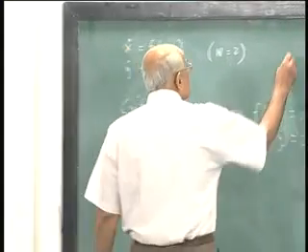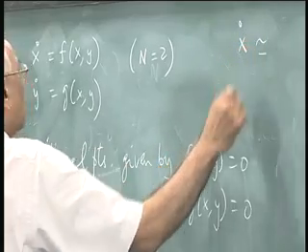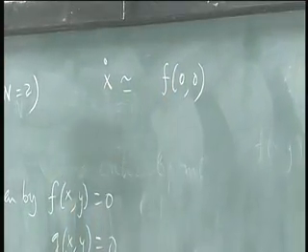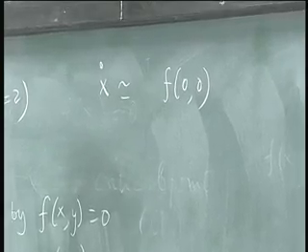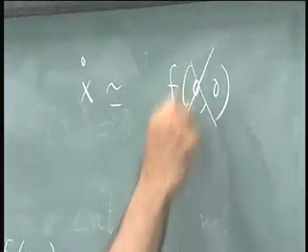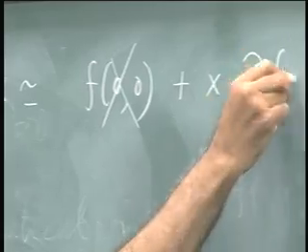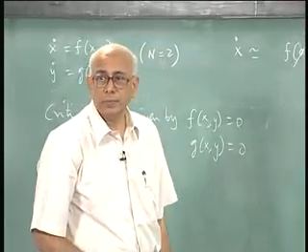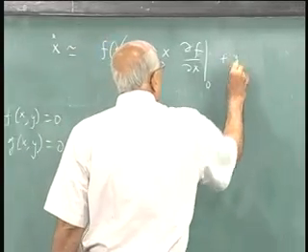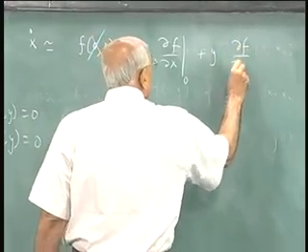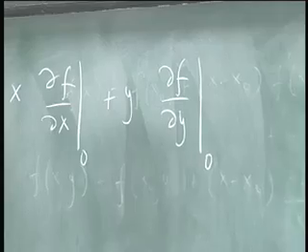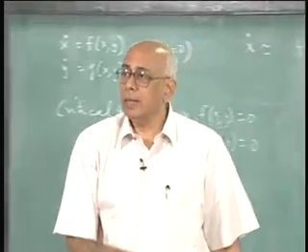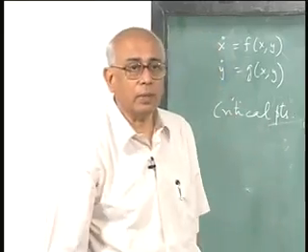And the statement is, I write near the origin x dot equal to f of 0 comma 0, but that is 0 by definition because it is a critical point, plus x times delta f over delta x at the origin, let me just denote it by 0, plus y times delta f over delta y at 0, plus higher order terms proportional to x squared, xy and y squared, and then cubic terms and so on.